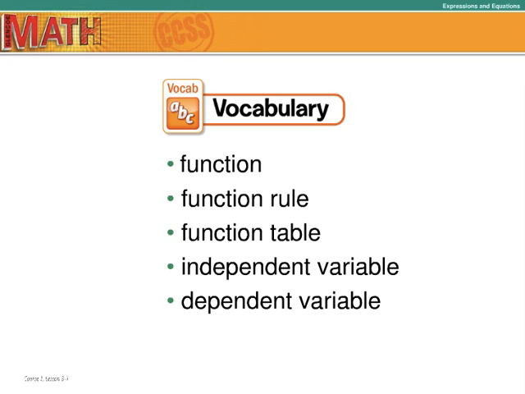If you've ever done a science experiment, you might be familiar with independent and dependent variables. They work kind of similarly in math, but it's good for you to look up the meaning of these words and to become very familiar with them. I'll have a vocabulary worksheet that you can work on that will help you get through these words.